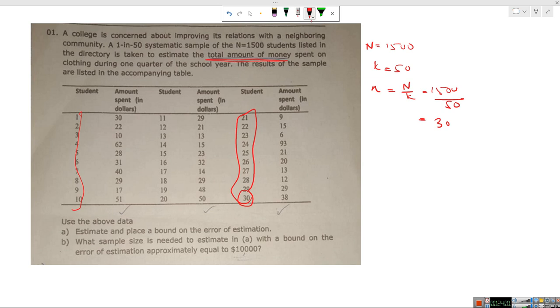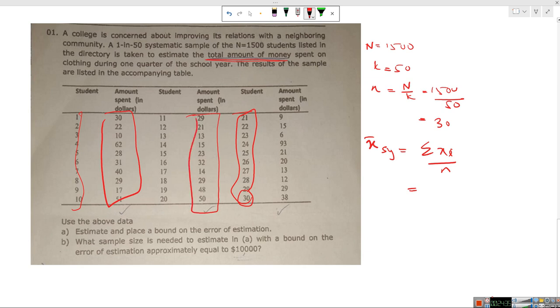So what they are asking first is to use the above data to estimate and place a bound on the error of estimation. Okay. So now what you have to do is calculate x bar systematic, right? So x bar systematic is equal to the summation of xi divided by n. Summation of xi means you have to add all these values.